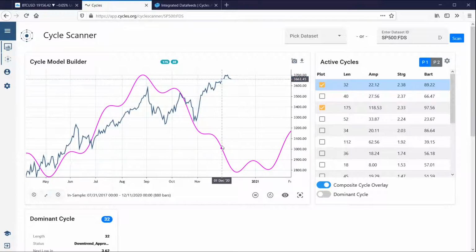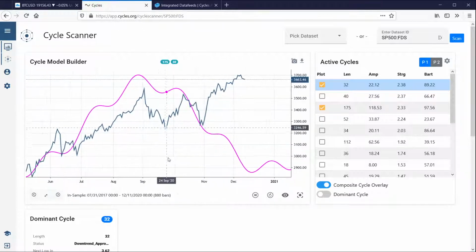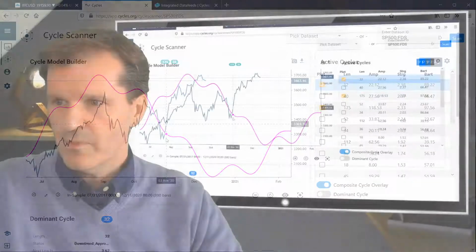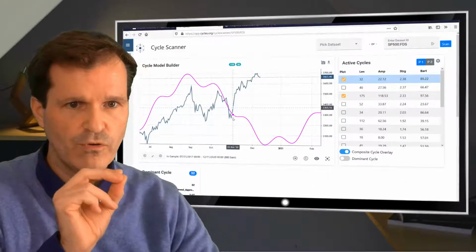I hope I can get this across, because the amplitude swings shown by the composite do not forecast the amount of price movement to the upside or to the downside. So this is important to follow.